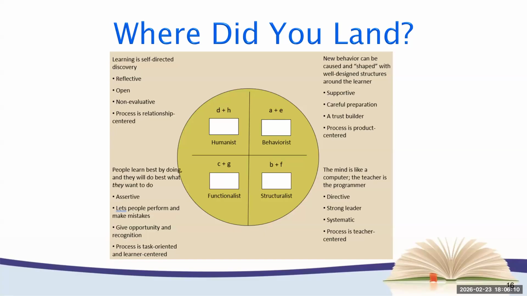Humanist is more, I would say, less structure, more open, more reflective. You can see the different categories here. The structuralist is all about, I'm the one giving the directions, the strong leader in front of the group, very much teacher centered. And then the functionalist is really about letting people learn their way.